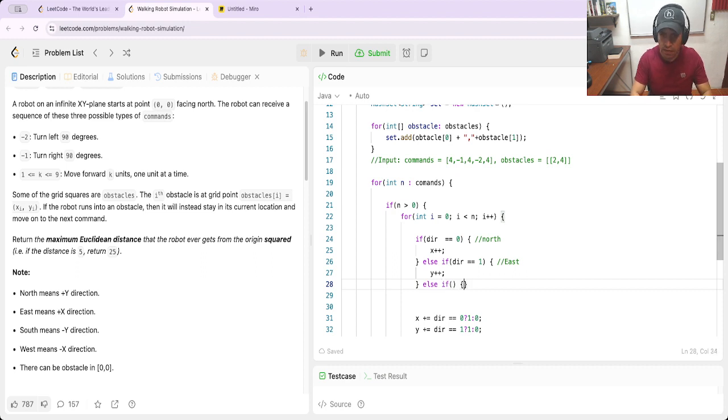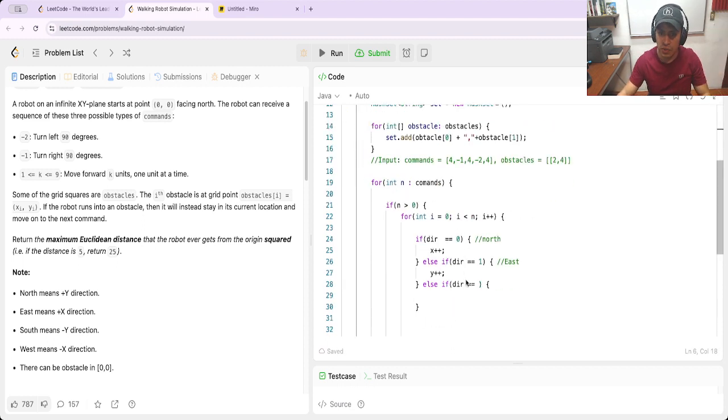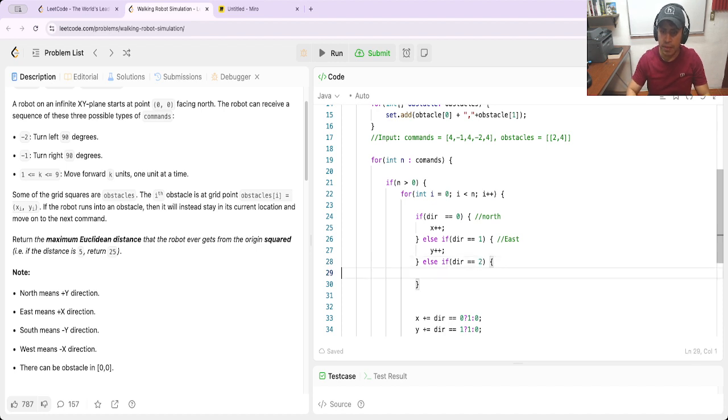Else if direction or dir it's equal to south, that is 2. Yeah, here is x less less, and else, that is for default the west, is y less less.